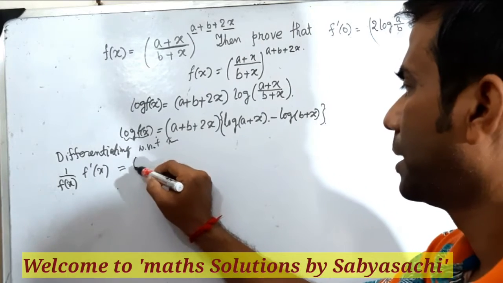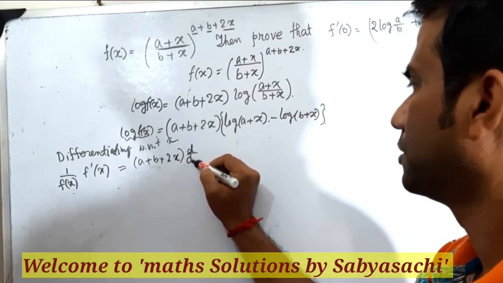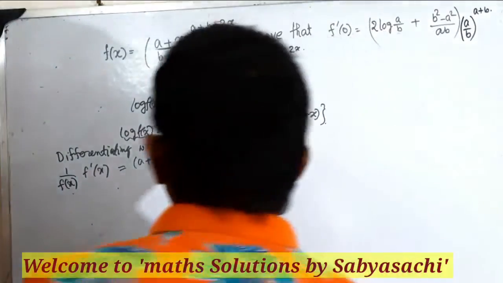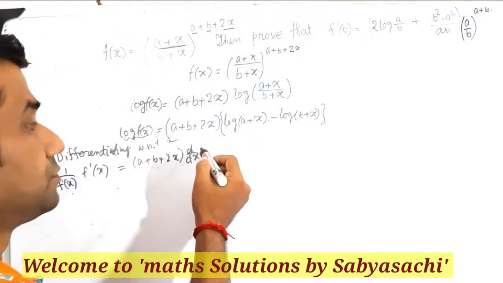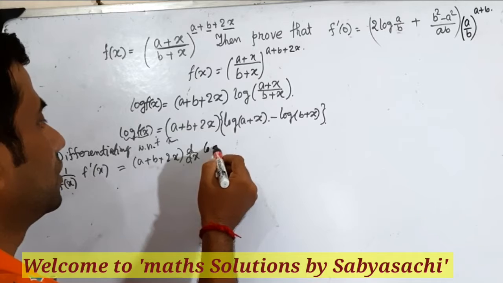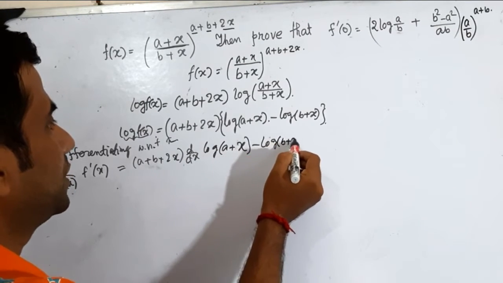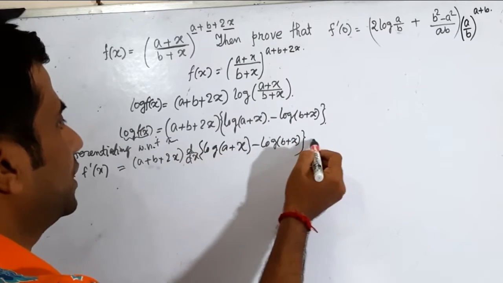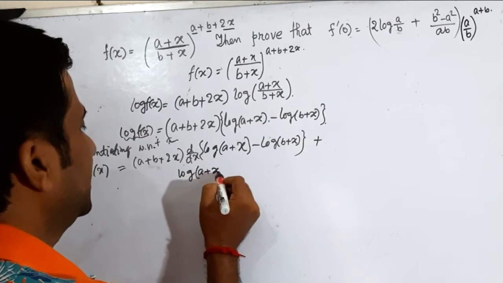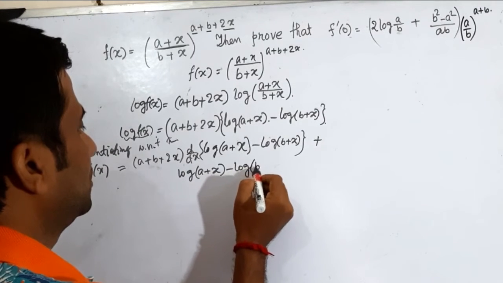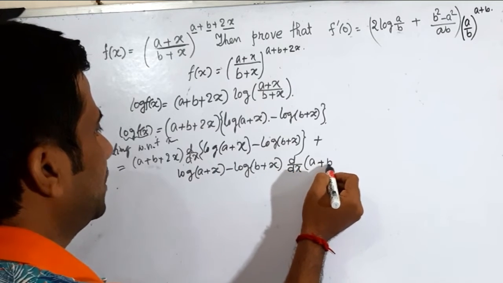This is equal to (a + b + 2x) times d/dx of [log(a + x) minus log(b + x)], plus [log(a + x) minus log(b + x)] times d/dx of (a + b + 2x).